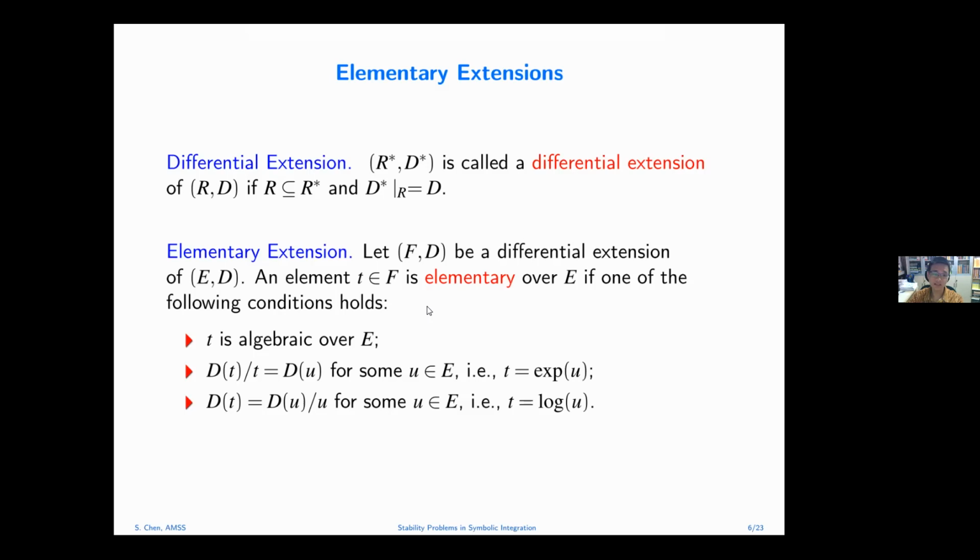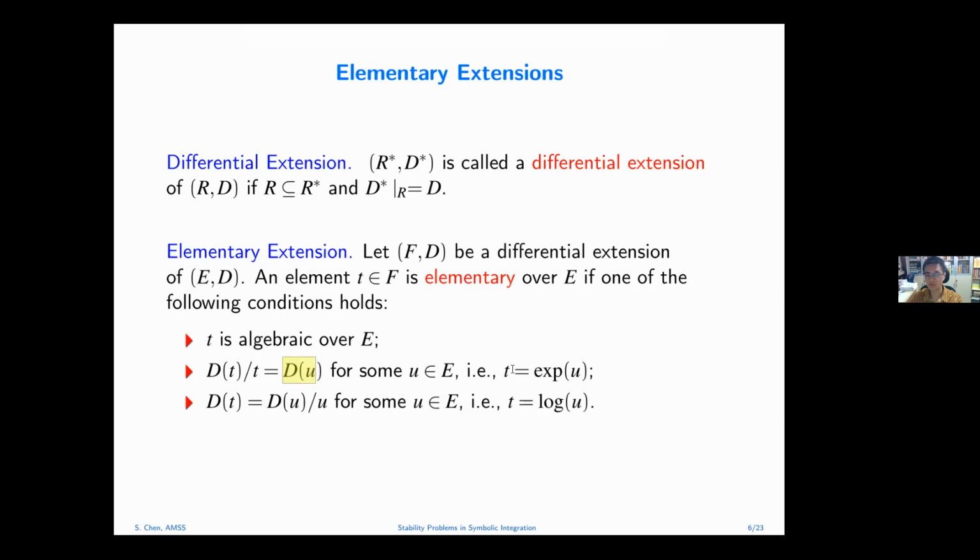Either T is algebraic over the smaller field, or, because in the differential field the only operation you have is derivation, you take the derivation of T and divide by T, and if this is equal to the derivative of another element u from the smaller field, then we say T is exponential over E.